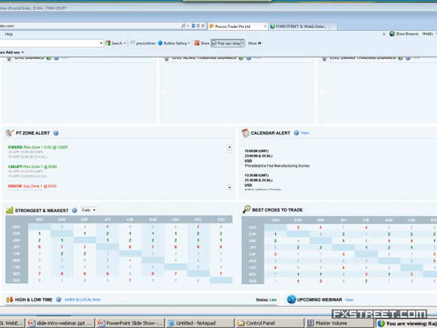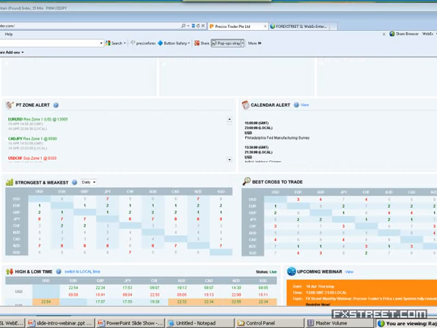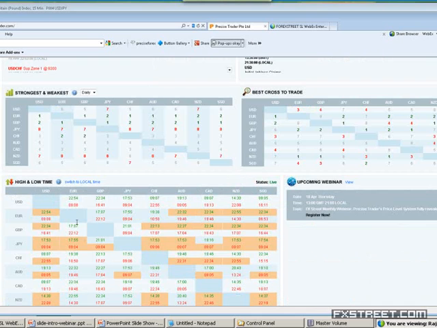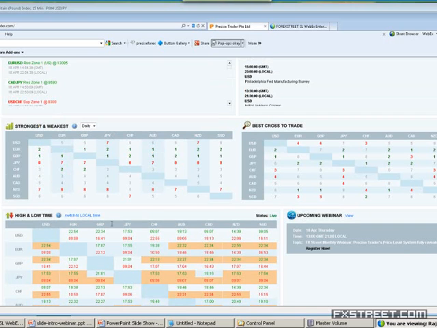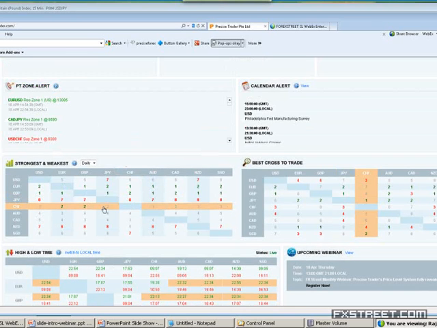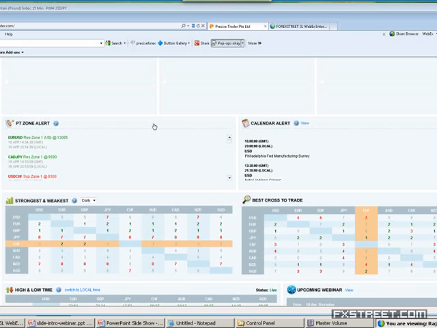If I look at the high and low time, this is not giving me any support on this Euro US. So chances are the high-low is not seen yet, so I have to be a bit cautious on this.